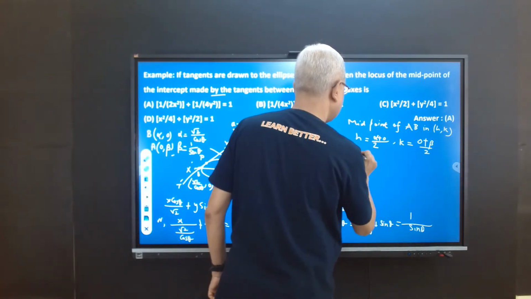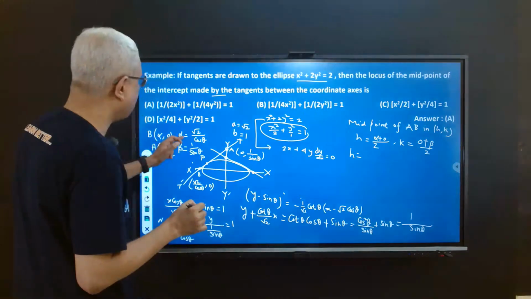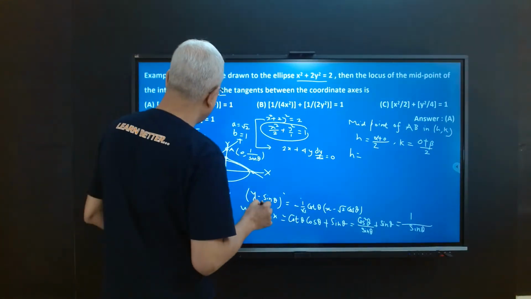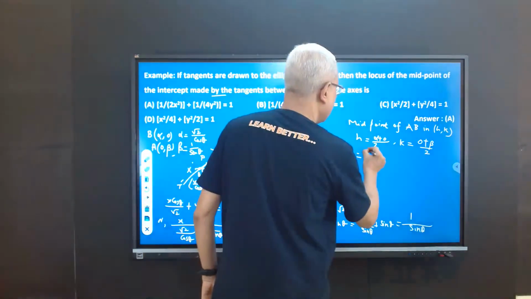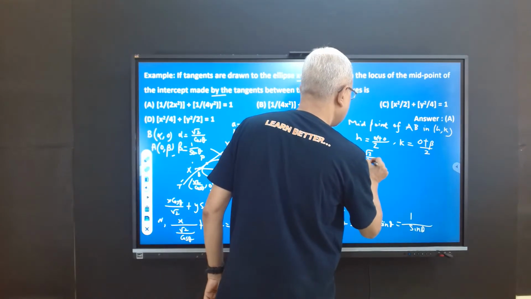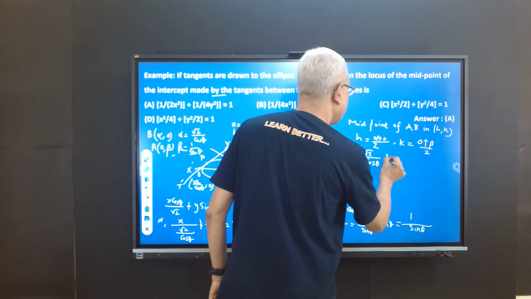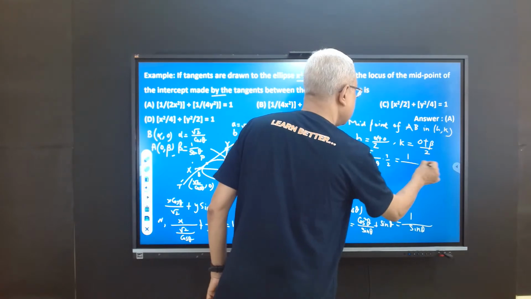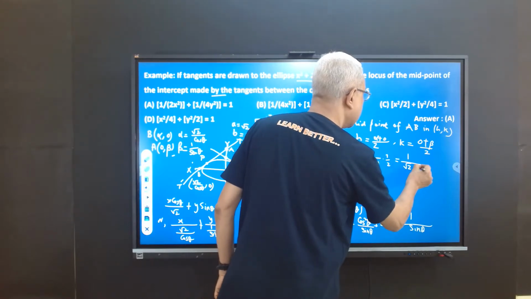So H is how much? Alpha plus 0 by 2, alpha is this much, root 2 by cos theta. So it is root 2 by cos theta into half. So it is 1 by root 2 cos theta.